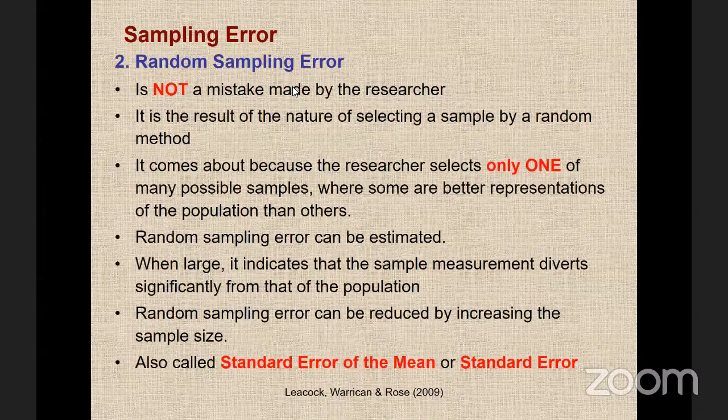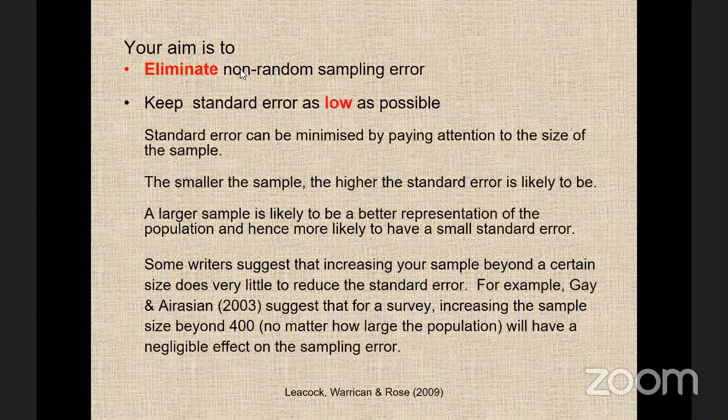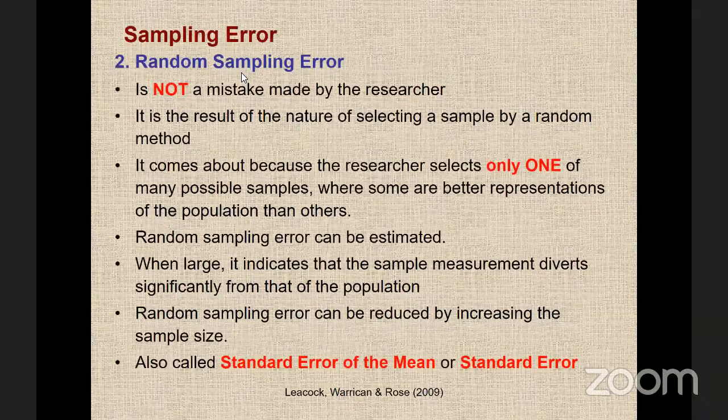Random sampling error is not a mistake of design. It is because the nature of sampling is that every time you sample, even if you do it as expected, there is some possibility that the sample does not perfectly represent the population. So generally speaking, this should be fairly obvious.